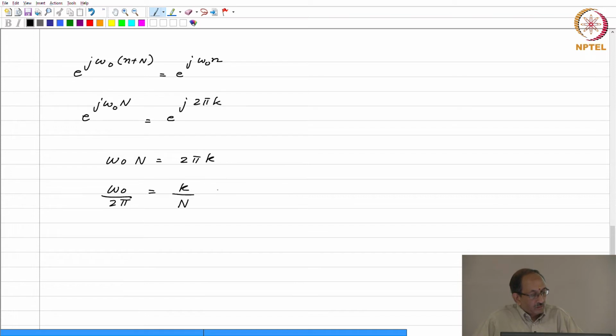And omega naught by 2 pi, the commonly used notation is to denote this as little f naught. So, if and only if f naught equals k by N, which means this is a rational number.